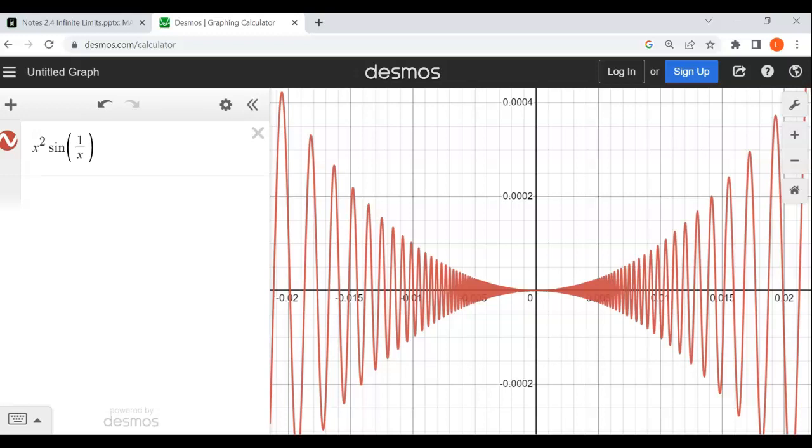So the idea is if you can figure out what it's squeezed between, and they have the same limit, then the original function has to also have that limit. All right? That's the idea behind the squeeze theorem. Now I'm going to actually give you the theorem, and we'll look at it. How do we do that algebraically without knowing what the graph looks like?